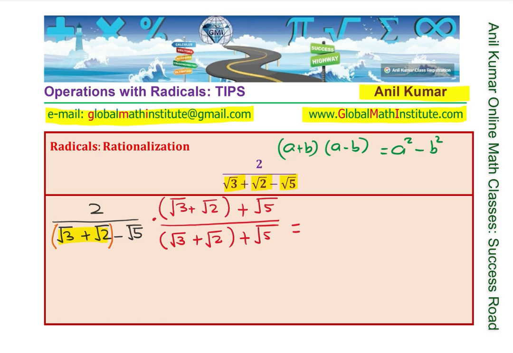So let's continue. Once we have done this, we know now the denominator is much simpler. It is square of the two things, and one of them is square root 3 plus square root 2, square of this. And the other term is square root 5 square, right?